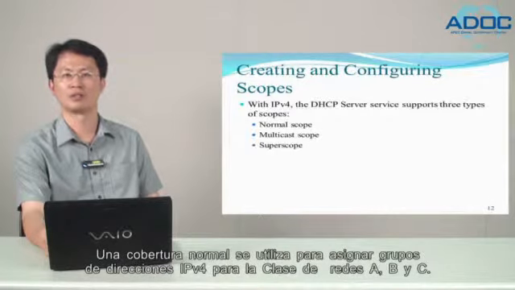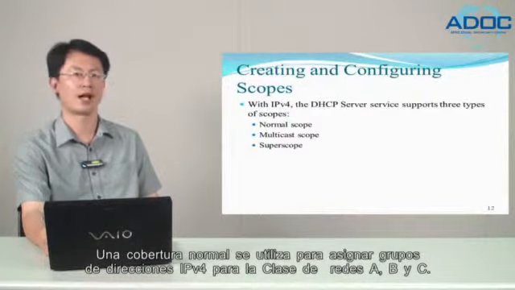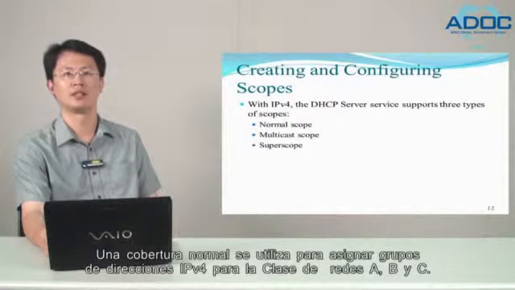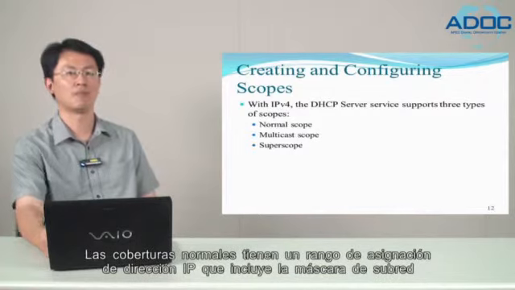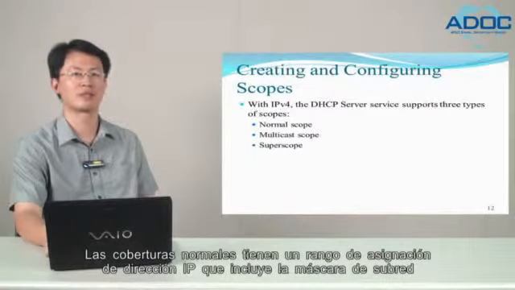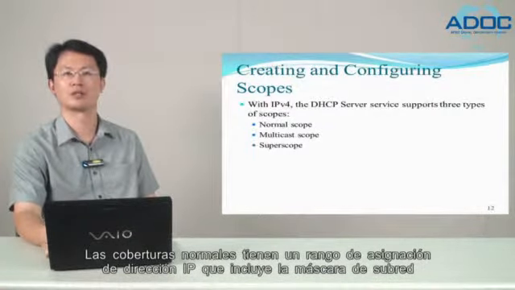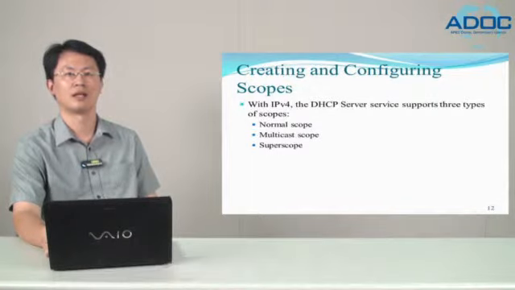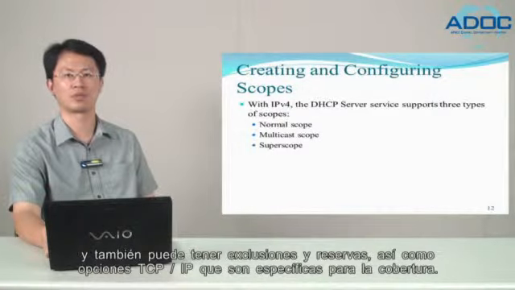A normal scope is used to assign IPv4 address pools for class A, B, and C networks. Normal scopes have an IP address range assignment that includes the subnet mask and can also have exclusions and reservations as well as TCP/IP options that are specific to the scope.